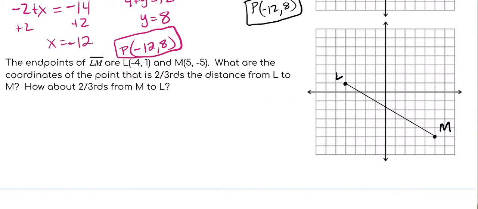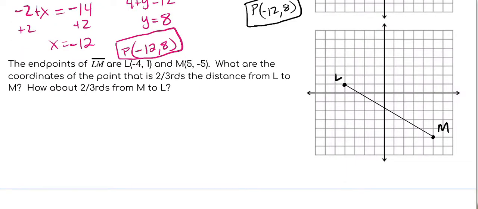We are going to be looking for points along this segment that are a certain distance from one end or the other, depending on what they tell us. It says, what are the coordinates of the point that's 2/3 the distance from L to M? So we're going to start at L. I'm going to go ahead and highlight L because that's going to be our starting point. I'm going to do some color coding because this is a two-part question.